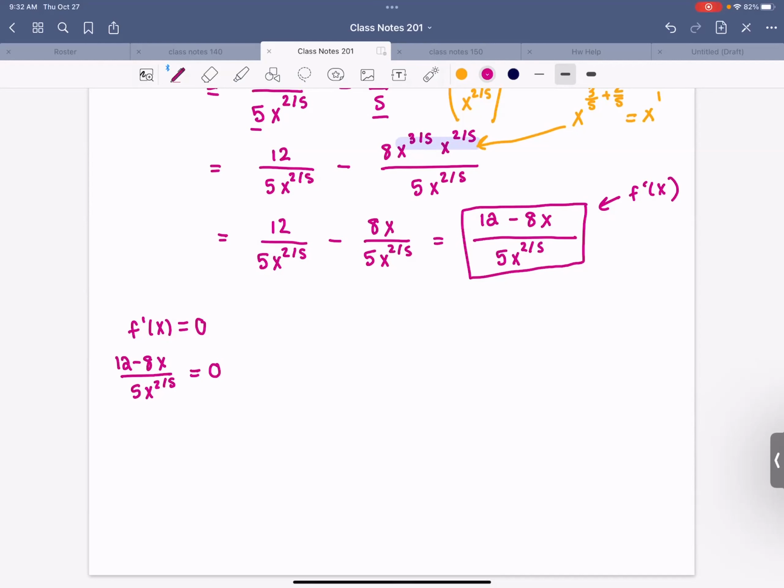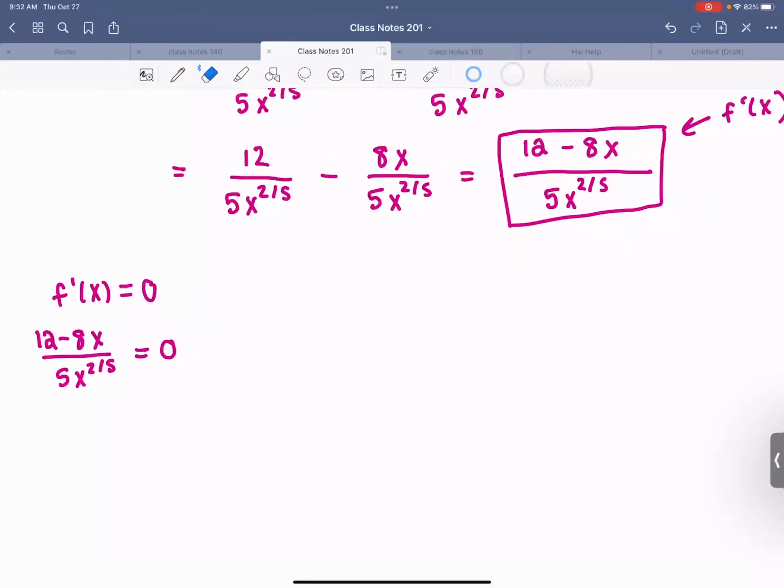Multiply. Yeah, multiplying by the denominator usually works. 5x to the 2/5, 5x to the 2/5. Okay, so on the left-hand side, we're left with 12 minus 8x, and on the right, we have 0.